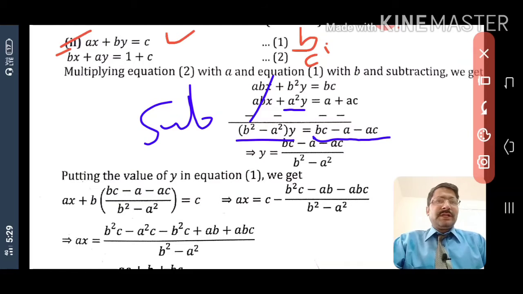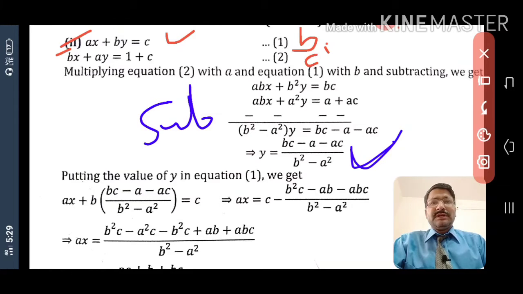Now y equal to bc minus a minus ac upon b square minus a square.